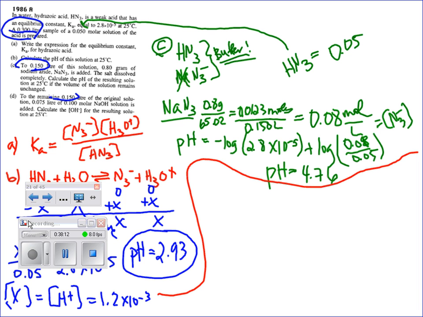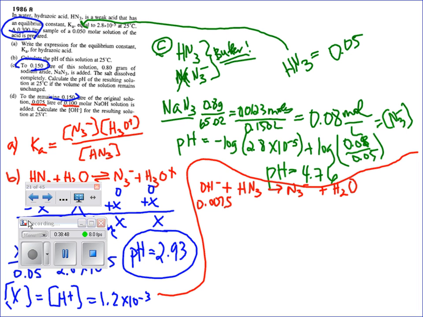We're adding 0.075 liter of 0.1 molar OH minus. So what kind of problem is this? Invasion. We're adding OH minus to the other half of the HN3 solution. And what is that going to give us? N3 minus and water. So we need moles of each. To find moles of our OH minus, it is 0.075 times 0.1, so that's 0.0075.